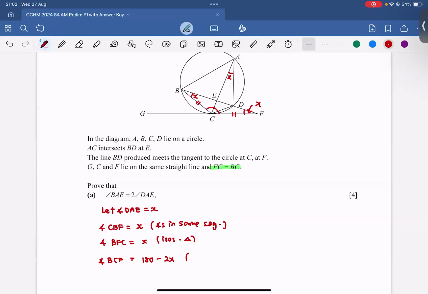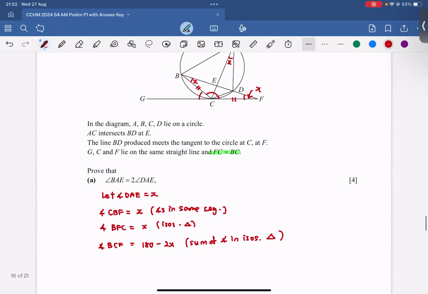Reason, sum of angles in isosceles triangle. And then now I can find this angle. Angle BCG equals to 180 minus (180 minus 2x). That will give me 2x. Reason, angles on a straight line.